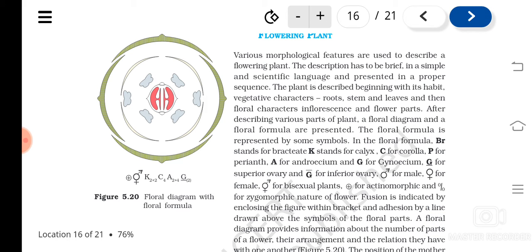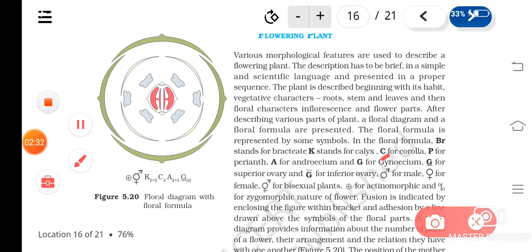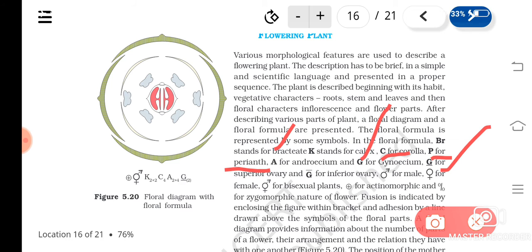Now calyx is represented by the symbol K, and C represents the corolla. If it is P, then perianth. A for androecium, G for gynoecium. And if you see one line just below the G, then that represents the gynoecium is superior.